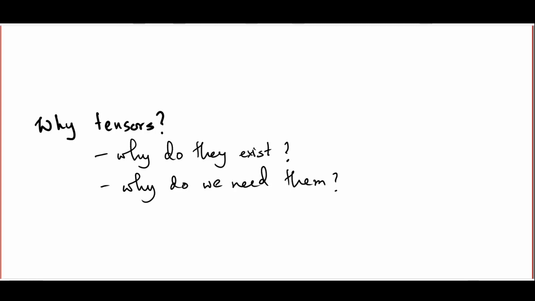In addition to this question, why do they exist? There is a supplementary question. Could something else exist? Something other than tensors? Now, this is a huge, big question, and the answer is not that simple.